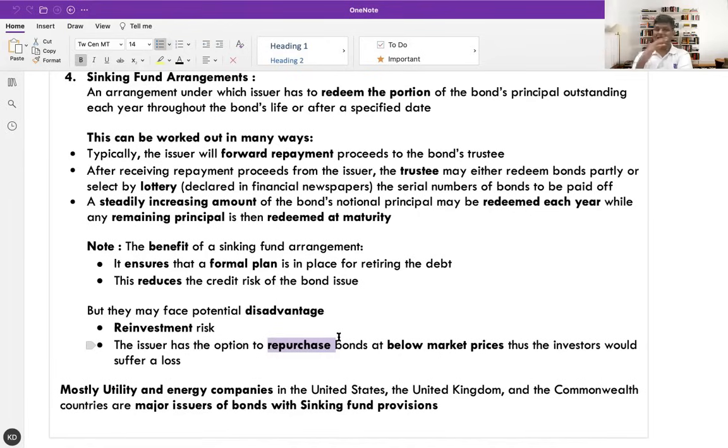To make it simple, let's say the company is going to put in $10 million every year. So by the end of the 10th year, it will be zero. That's the simplest thing I'm saying. Otherwise, it can structure it the way it wants. But it can vary also every year. But everything will be displayed to you on day zero under that bond indenture.